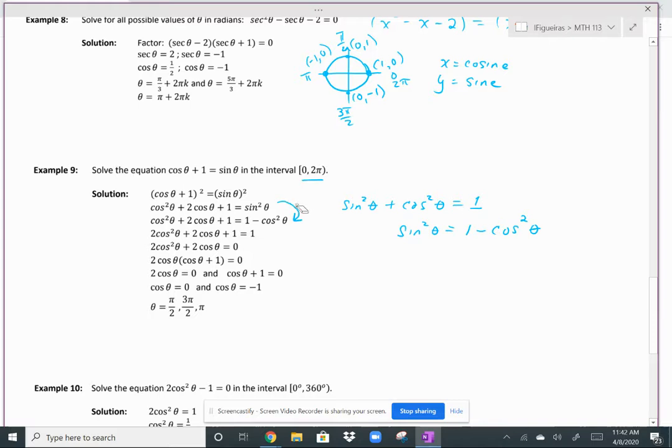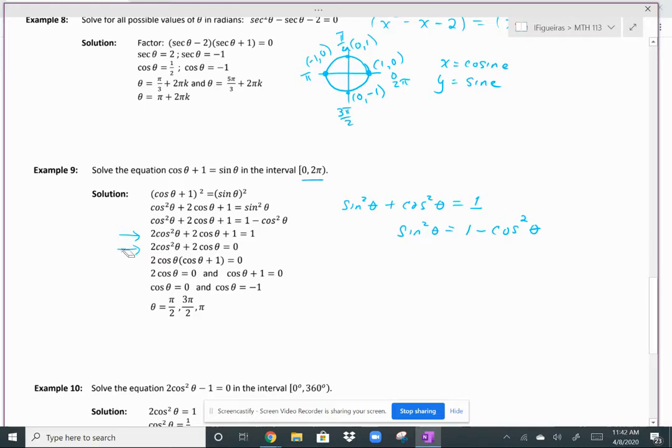And I definitely have a quadratic equation because I have a cosine squared on the left and on the right. So I'm going to set the whole thing equal to 0 in the next 2 lines. So here I added cosine squared to both sides, to move it from the right to the left. And then here I subtracted 1 from both sides so that it's in standard form equal to 0.